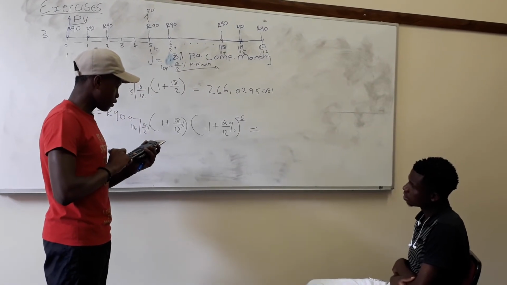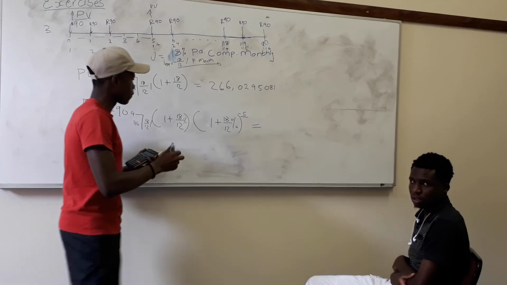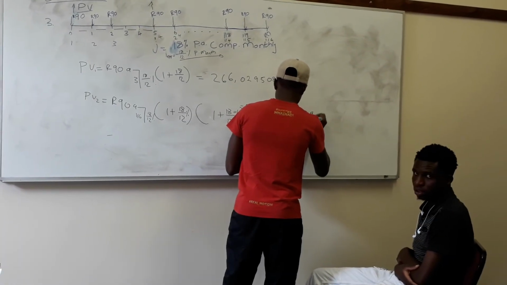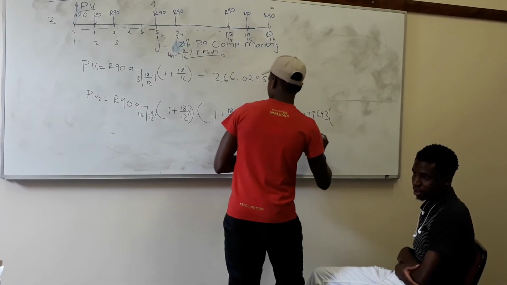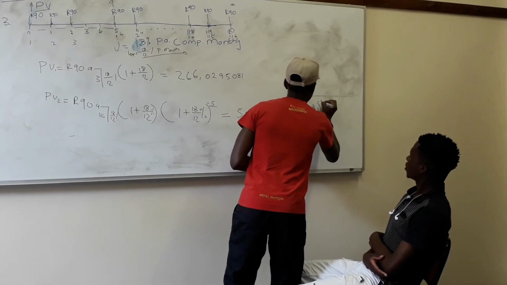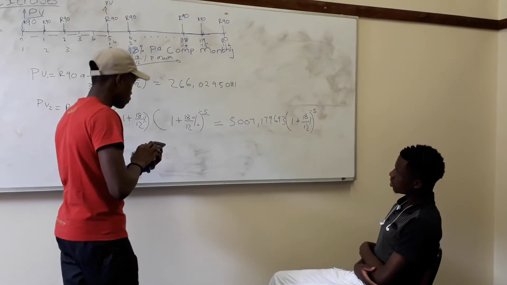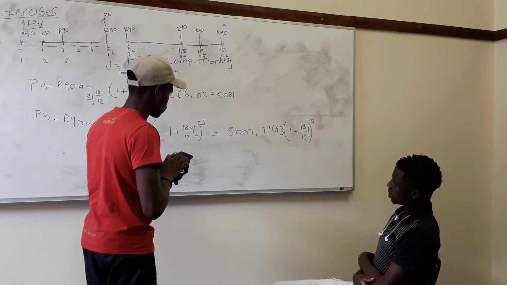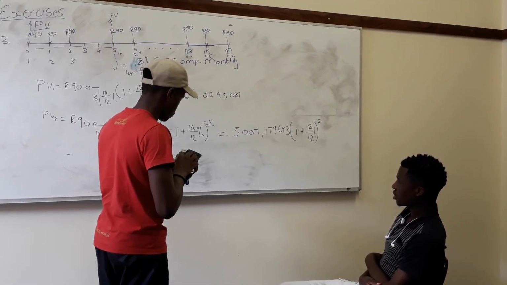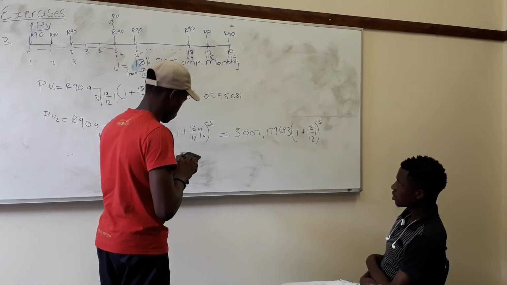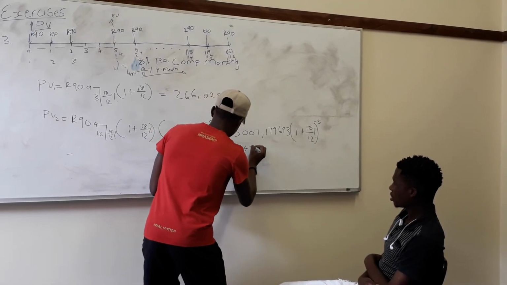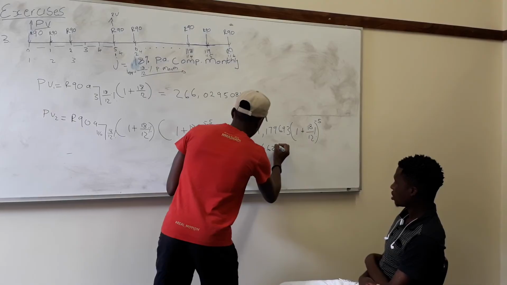You're gonna punch in the amount 5,007,179,693 multiply by the answer you get here, which is 4,647,966,251.